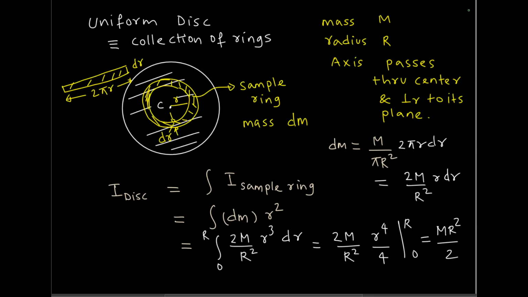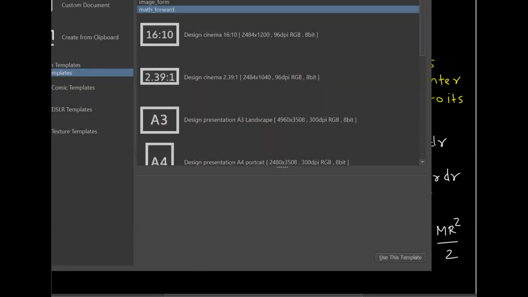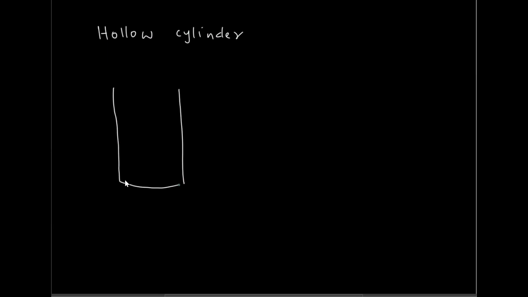Now suppose I take a hollow cylinder. The mass of the cylinder is M and the radius is R. If I rotate the cylinder about its central axis, what is the moment of inertia?